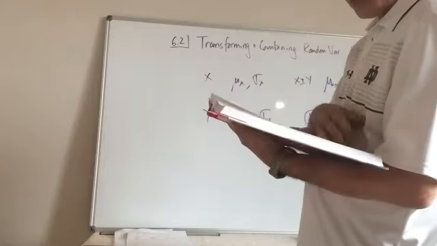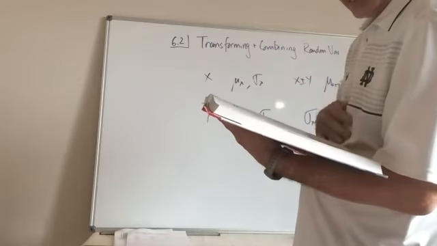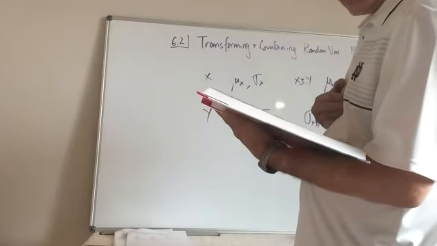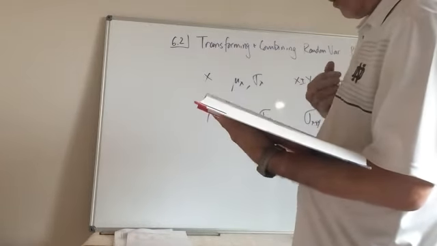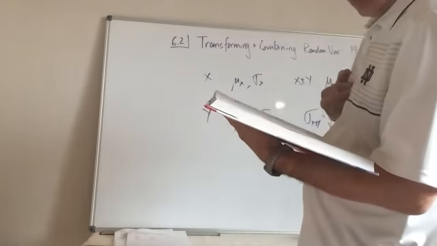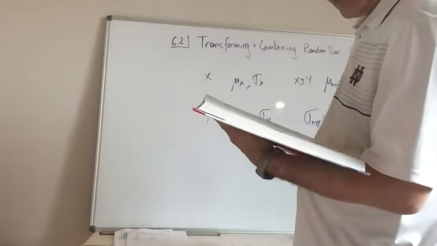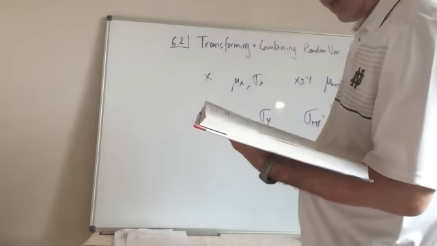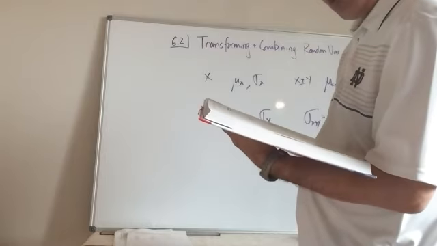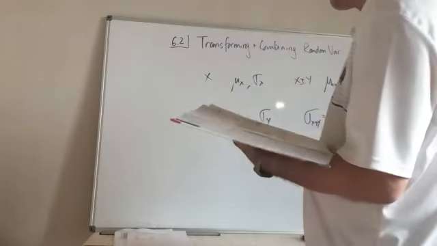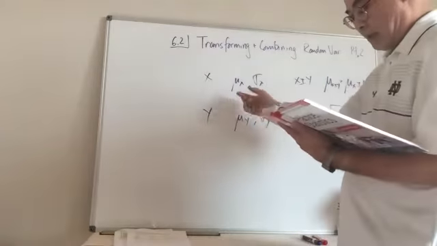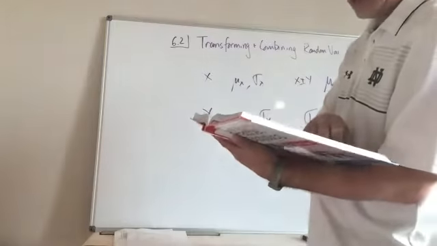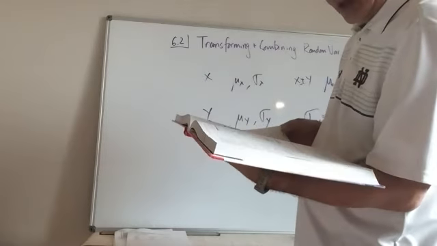If you flip the page and go to page 390, it says independent random variables. If knowing the value of x does not help us predict the value of y, then x and y are independent random variables. So we are adding and subtracting independent random variables.